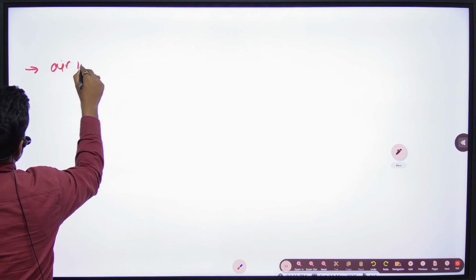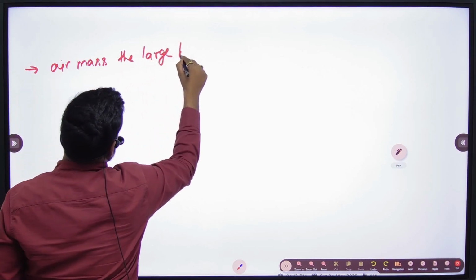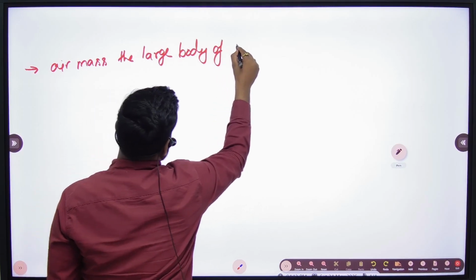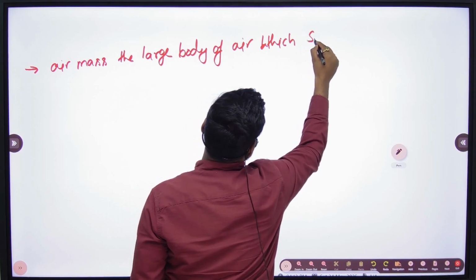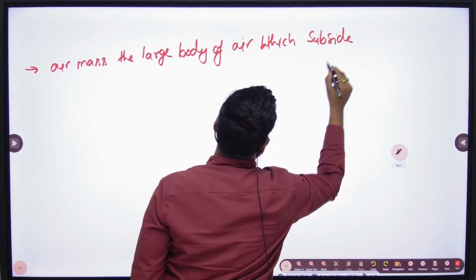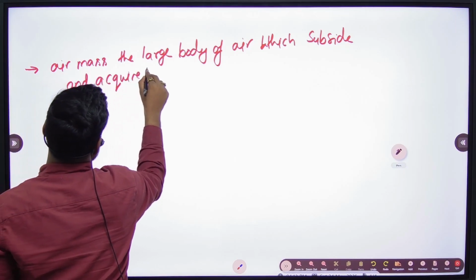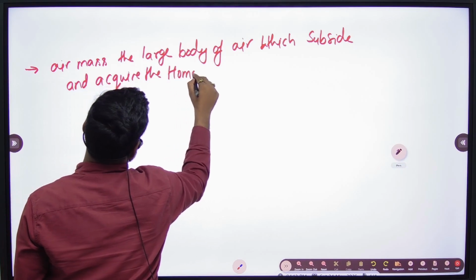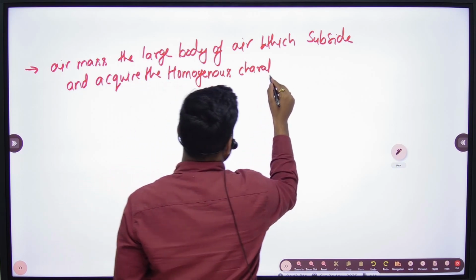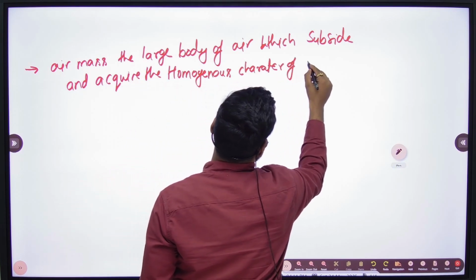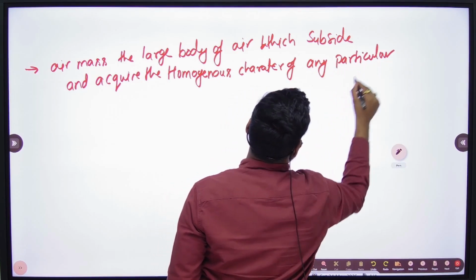Air mass is the large body of air which subsides and acquires the homogeneous character of any particular region.